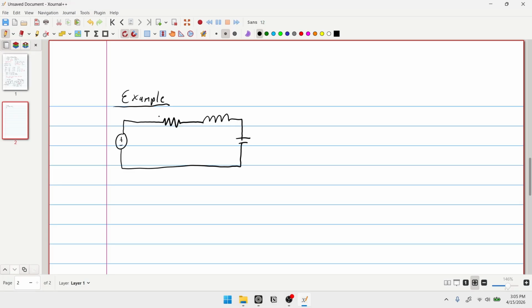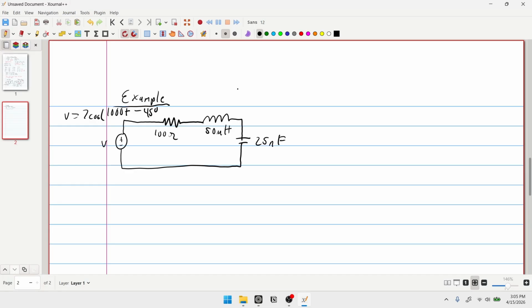So this will have a value of 100 ohms, this a value of 50 microhenries, and this will have a value of 25 nanofarads. I have V here, and V equals 7 cosine 1,000t minus 45 degrees.